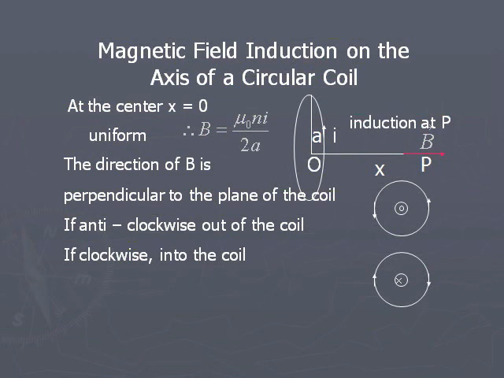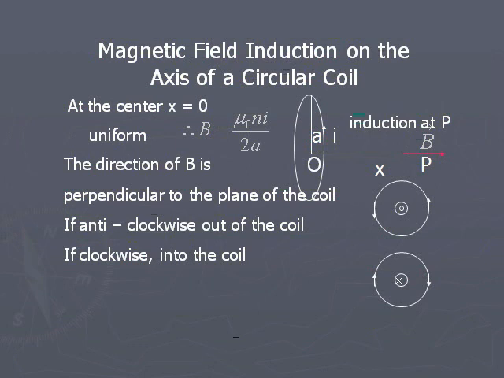Here in this figure, the current will be coming out of the screen at the top of the circle, and at the bottom of the circle, the current is going into the screen. The circle is perpendicular to the plane of the screen.